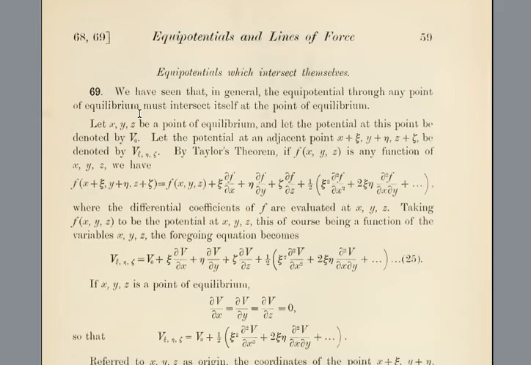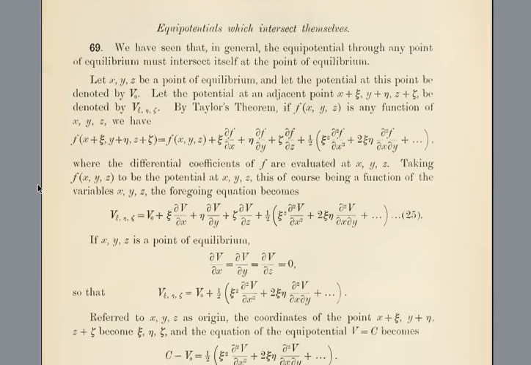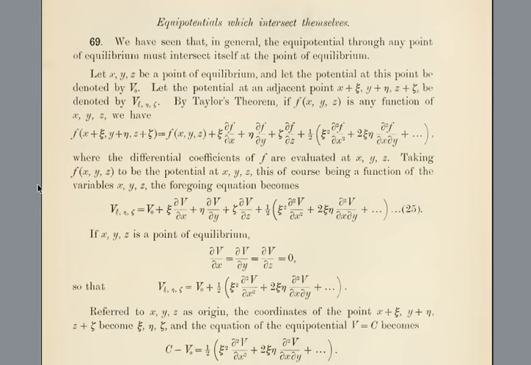By Taylor's theorem, if f of x, y, z is any function of x, y, and z, we have the expansion: function at displaced point equals function at original point plus the first order partial derivatives multiplied by the displacements plus 1/2 of the sum of the second order partial derivatives multiplied by the squares of the displacements plus higher order terms.